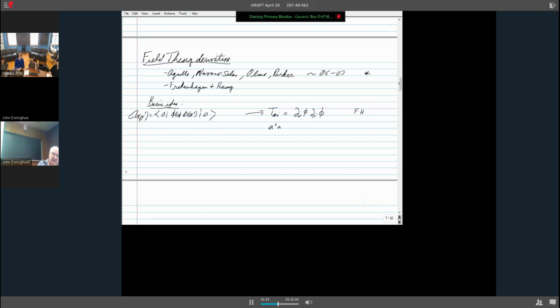The basic idea is that we can calculate Green's functions, phi of x, phi of x prime, and so it goes through the Green's functions.